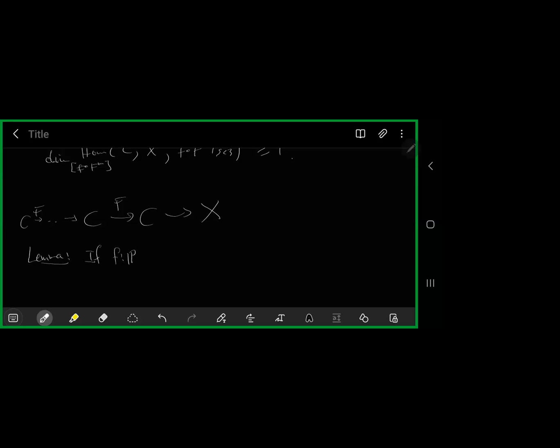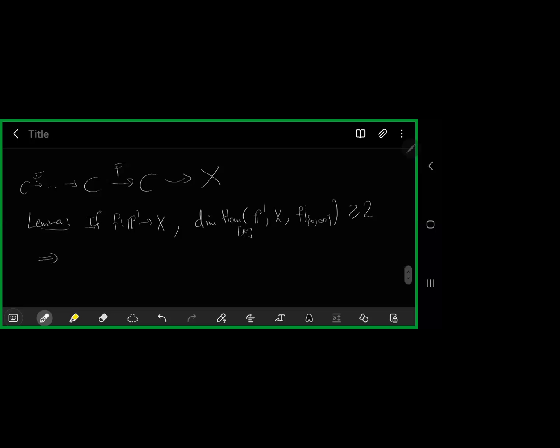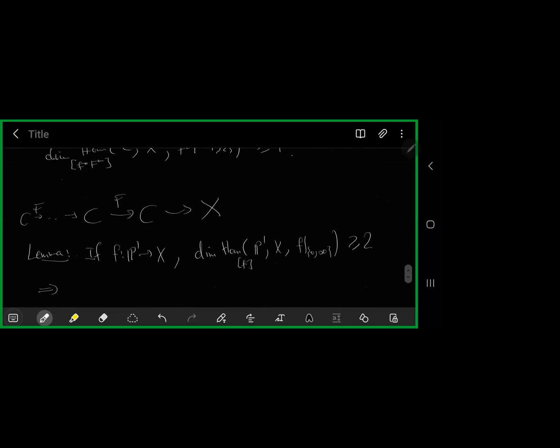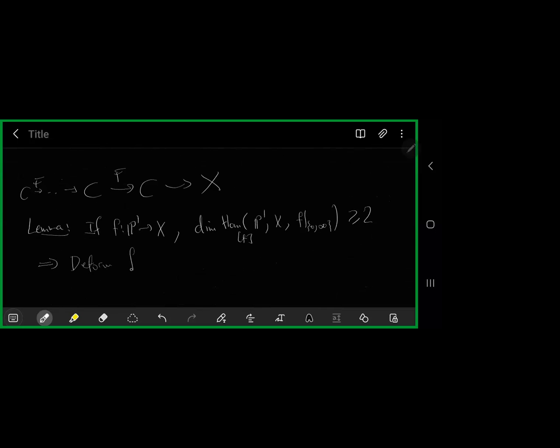So if F is a map from P1 to X that we have created, we actually want to ensure and say that the dimension of the Hom space, Hom(P1, X; F, 0 infinity), is at least 2, then what we can do is the Frobenius trick to get a rational curve through 0 and infinity.